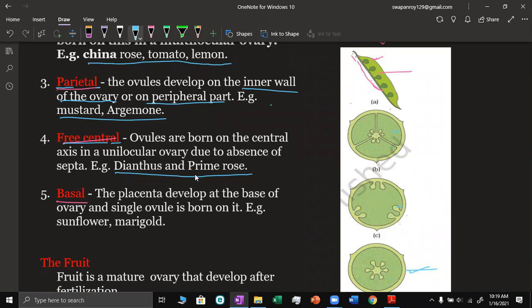Okay, so ovules are attached to the inner wall or the parietalia of the ovary. This type of thing you can find in case of, say, papaya. Papaya also you will get this parietal, you will get in pumpkin also.